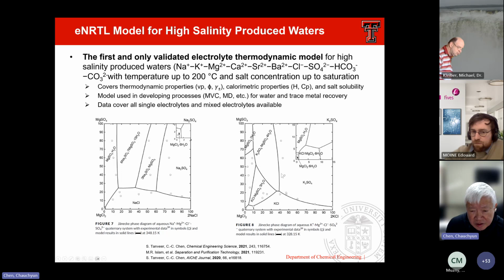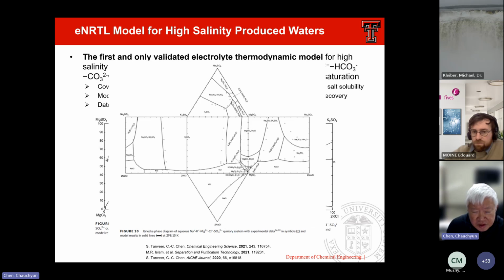And down here, I just simply show that not only do we capture the mean ionic activity coefficient in general, but also, to a large extent, the salt solubility for multi-component systems of different salts. And this one is the phase diagram generated for the system with 3 cations and 2 anions.